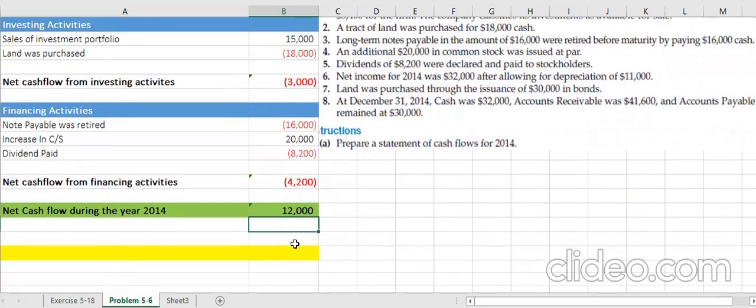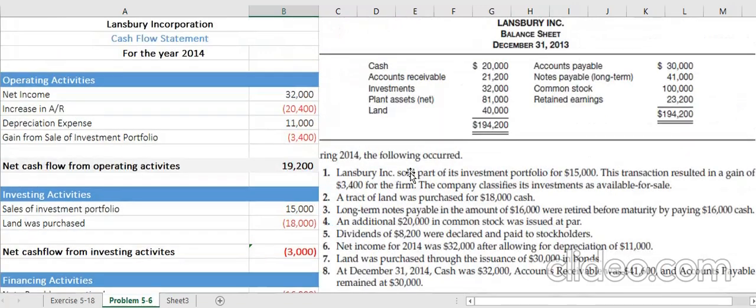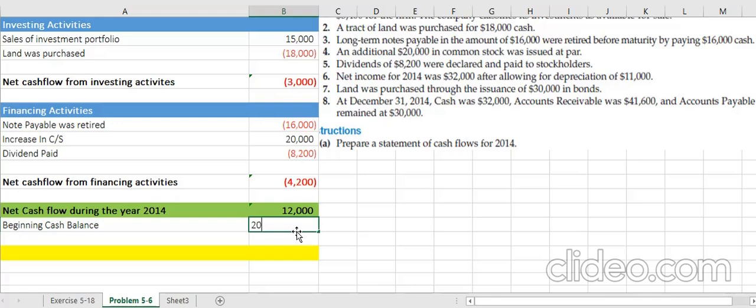Okay, so once we have it, what we will do is add it up with the beginning cash balance, not inventory, sorry. We had a beginning cash balance at the start of 2014. How much was our beginning cash balance? At the start of 2014, which is the end of 13, we had a cash balance of $20,000 actually. So I will shift the $20,000 here.